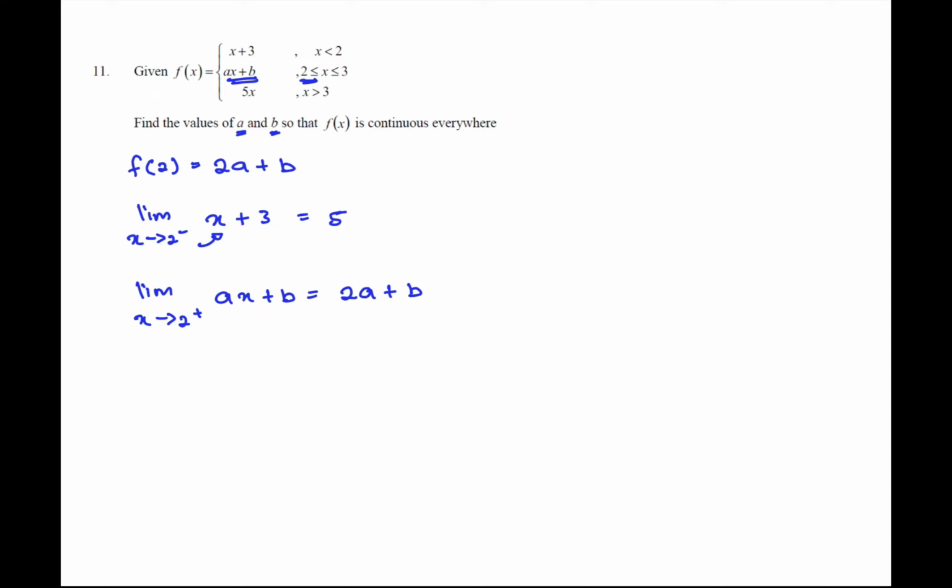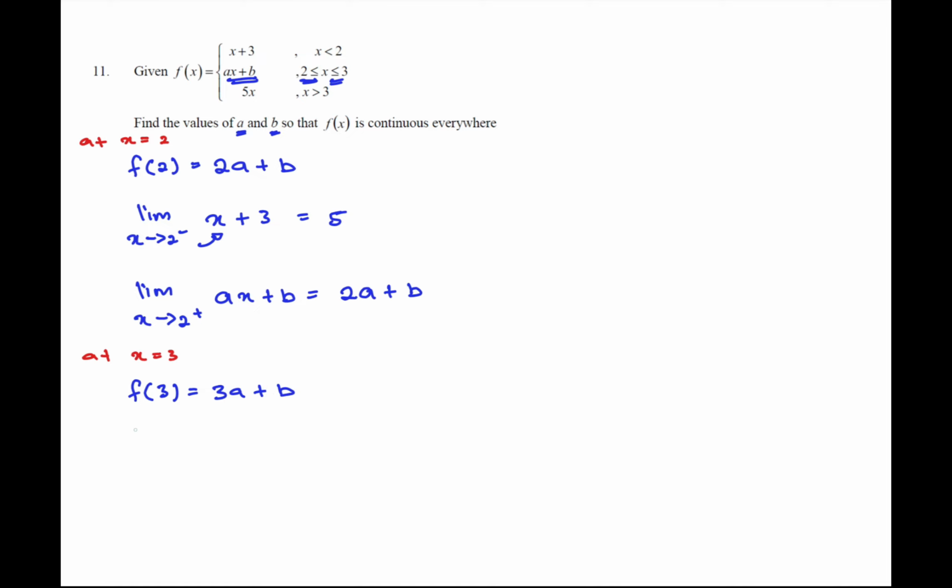Now we can check as x approaches 3. At x equal to 3, we can check f(3), which equals 3a plus b.